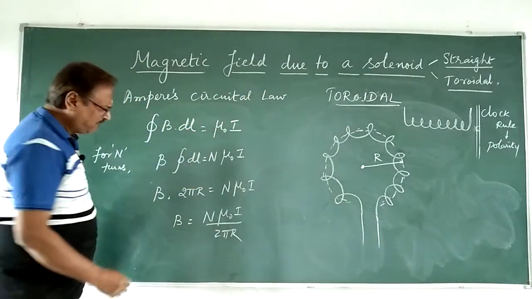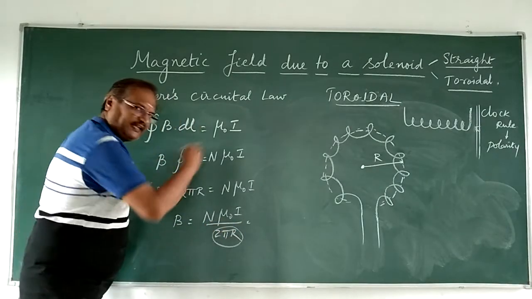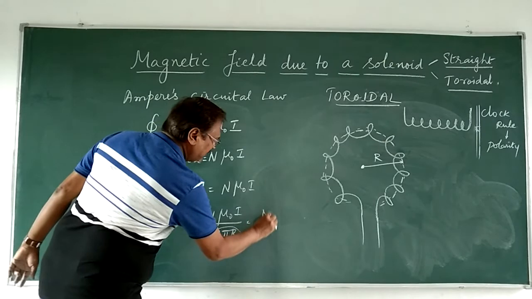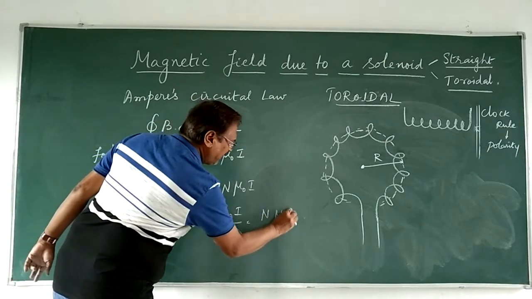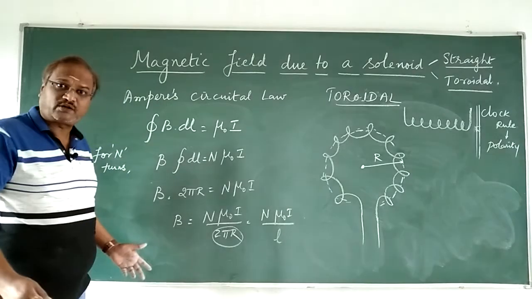It is very simple. If I convert the same thing, 2 pi r to be the length, then what will happen? N mu naught I divided by length of the solenoid, right?